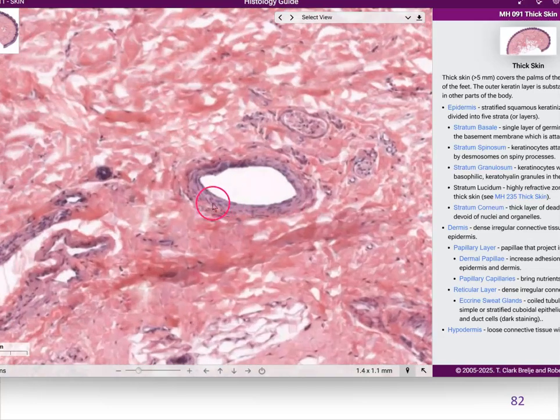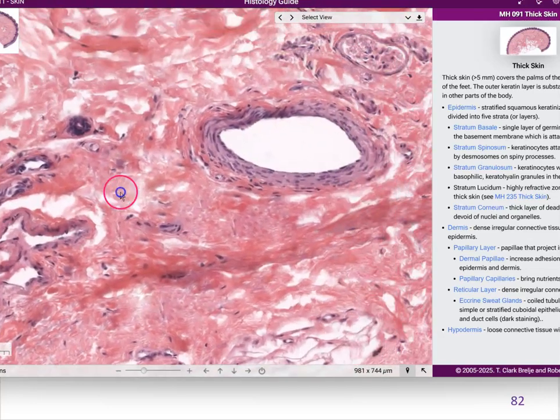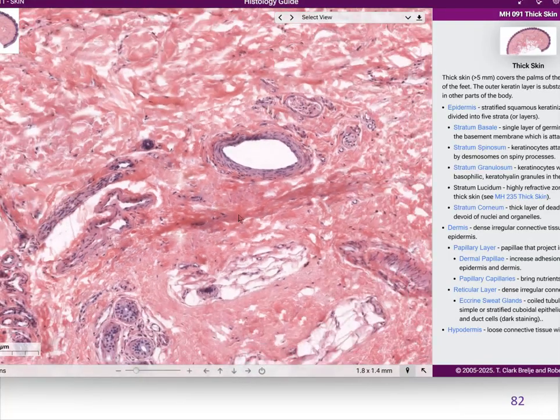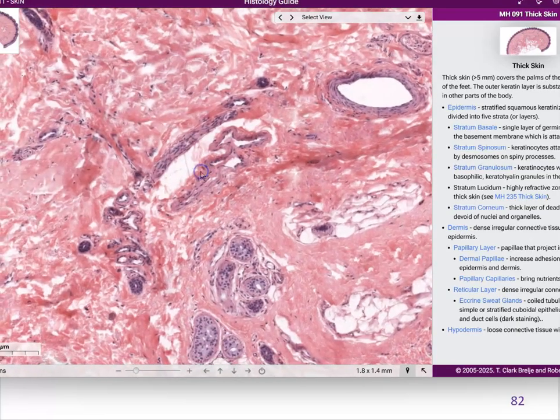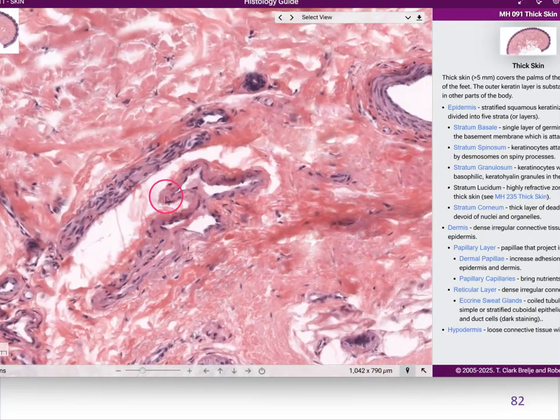Here is a blood vessel, a pair of blood vessels. So this is probably, let me think. This looks like a vein, and I say that because it has collapsed. Veins don't have strong musculature.